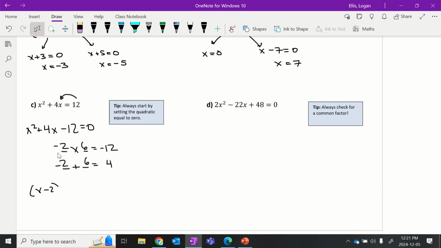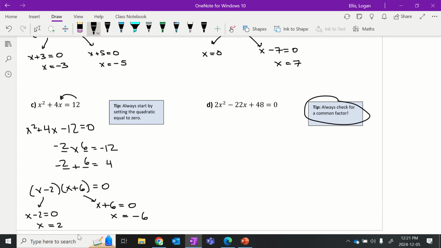So x minus 2, x plus 6. What are your answers? Well, they would just be x minus 2 equals 0, so x equals 2. And x plus 6 equals 0, so x equals, as you bring the 6 across, minus 6.